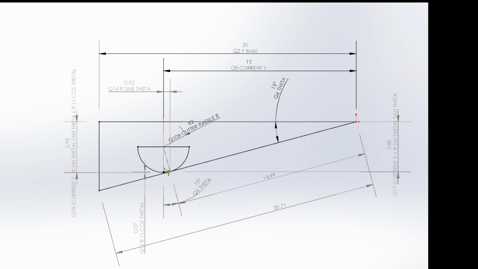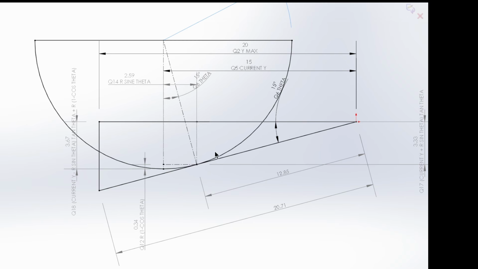I'm going to change this cutter radius here so it's a little bit easier to see what's going on. Okay, so I've made the cutter radius, or cutter diameter, extremely large, and you can now see this little bit here.